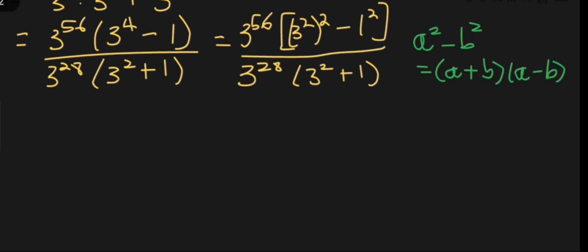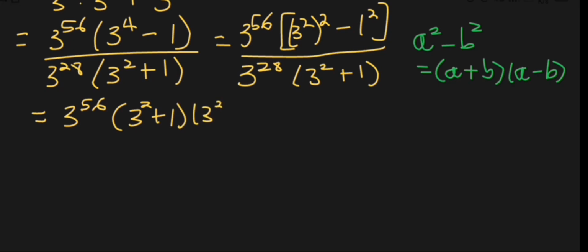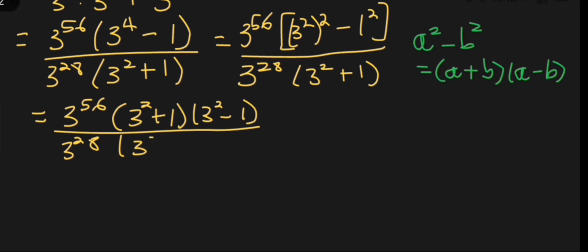Therefore, the expression becomes 3 to the power of 56 times 3 squared plus 1 times 3 squared minus 1. The denominator is kept the same as 3 to the power of 28 times 3 squared plus 1.